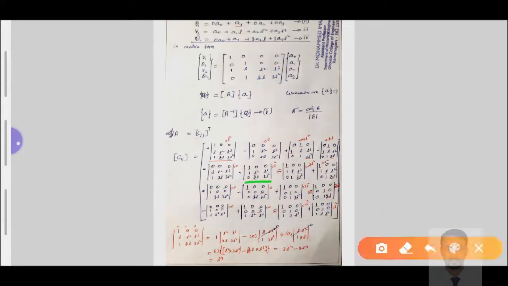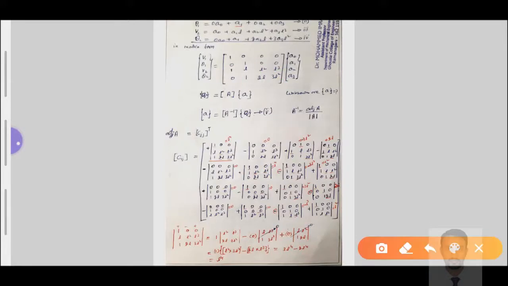Similarly we need to get this value, that means second row second column eliminated. That means 1 0 0, 1 0 0, and then next 1 L square L cube, 1 L square L cube, then again 0 2L 3L square, 0 2L 3L square.